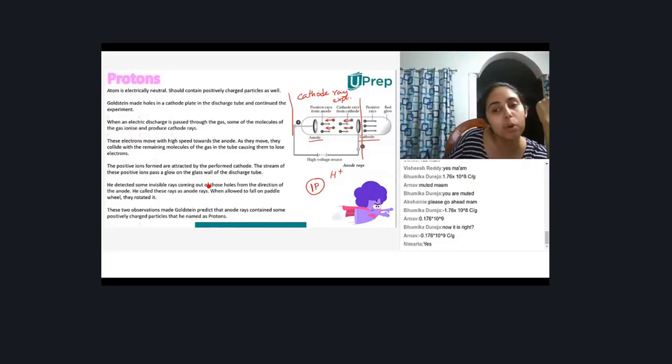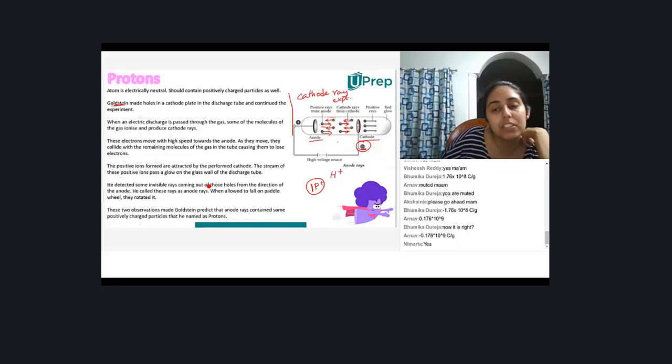So all of these protons are positively charged. And if it is positively charged, that means what? It should move towards the negatively charged plate. That means all of these positively charged protons are moving towards the cathode because it is negatively charged. But what did Goldstein do? Goldstein made holes inside the cathode plate.